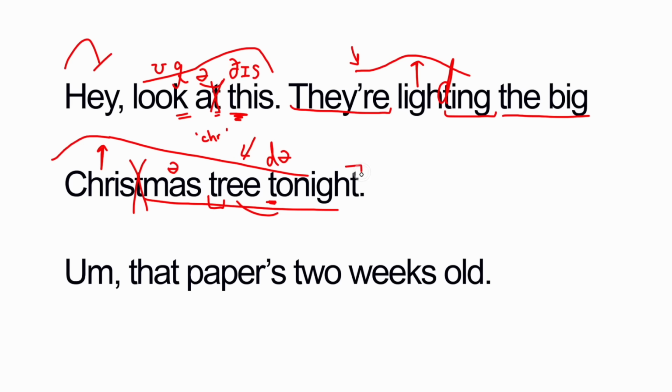And then it ends with a stop T, so we don't hear "tonight." That would be a true T, that would be fully released, but it's "night," an abrupt stop. Christmas tree tonight.